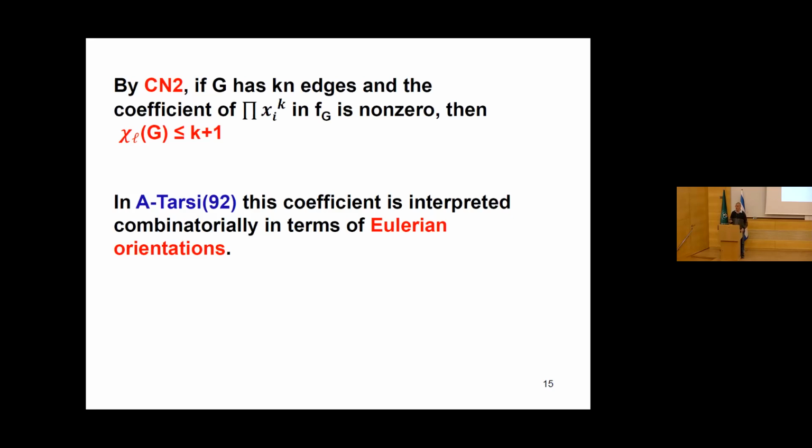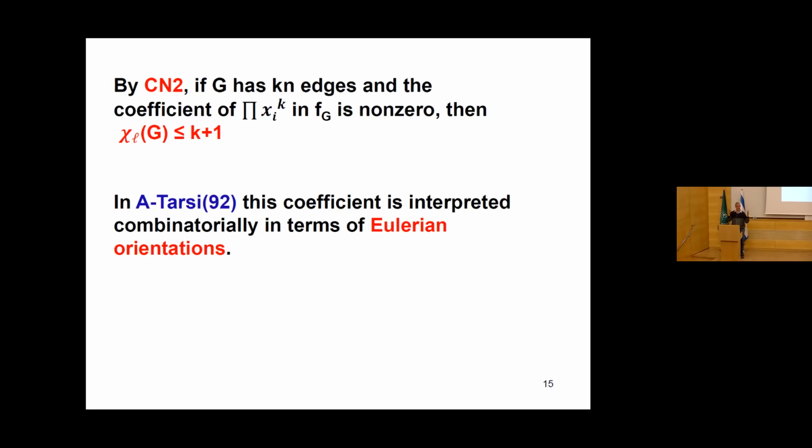So if it has kn edges, and the coefficient of the product of xi to the k in this graph polynomial is non-zero, then it would tell us that the list chromatic number of the graph is at most k plus 1. So we should just plug it into the statement of the combinatorial Nullstellensatz, and then this is what it would tell us, right?